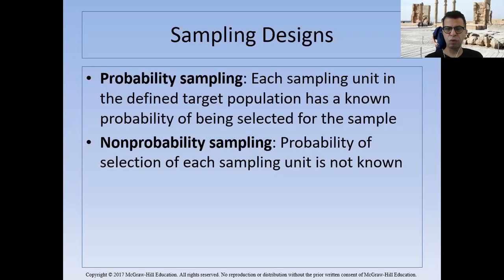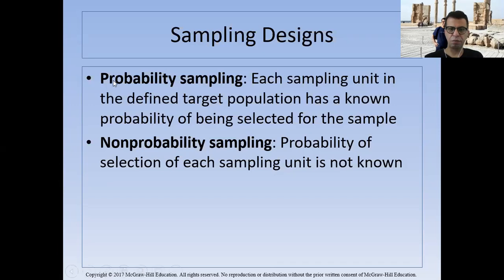So if there are 100 people standing in front of you, and for some reason you choose not to select anybody who is a young male, then there is not a 1% chance for each one of them. Some of them will get a higher chance, some lower. So that's called non-probability sampling, and we can't say what the chance of this person or that person being selected is.